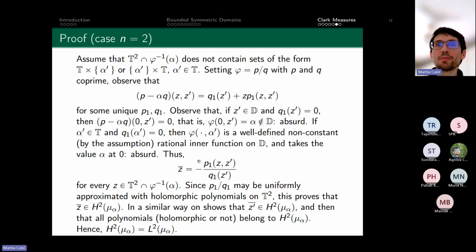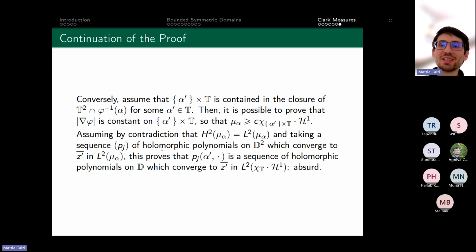So this is a very explicit proof in some sense, because it essentially shows why these particular simple polynomials belong to H2 of mu alpha. The converse is, in a sense, simpler, but not that much. So, for instance, if you assume that this vertical torus is contained in the support of mu alpha, then, well, actually, one may do without this particular result, but it is easier in this way.